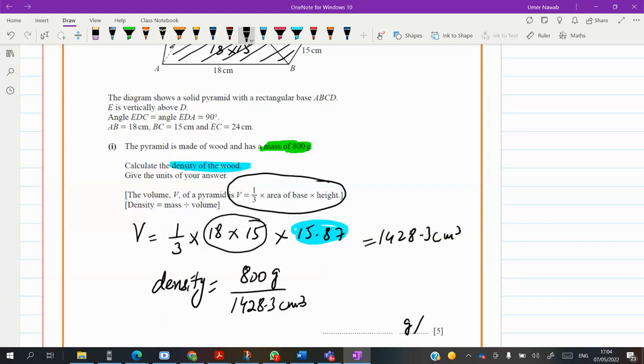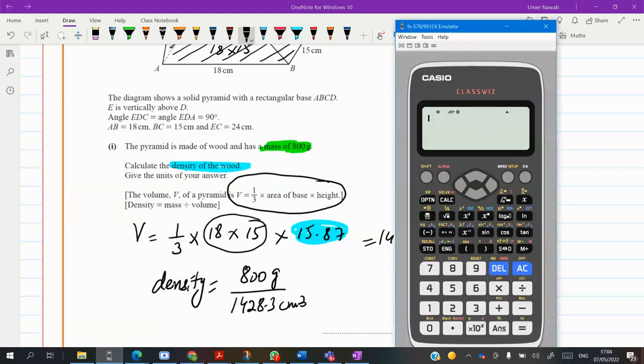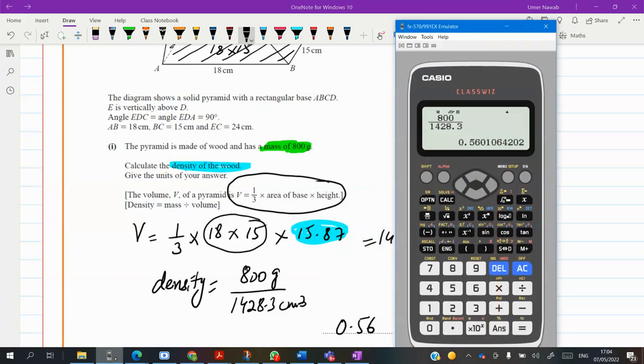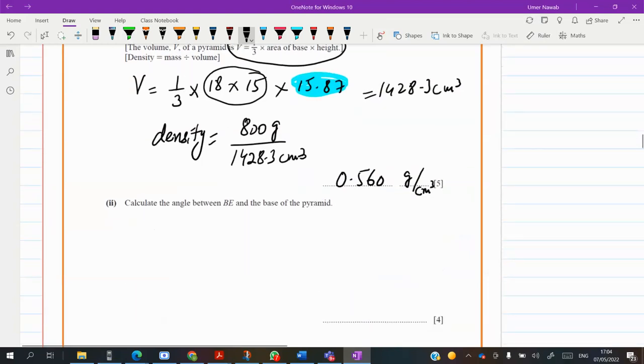So my unit will be gram over centimeter cubed. 800 over 1428.3 gives us 0.56 as the density. But to three significant figures, 0.560.